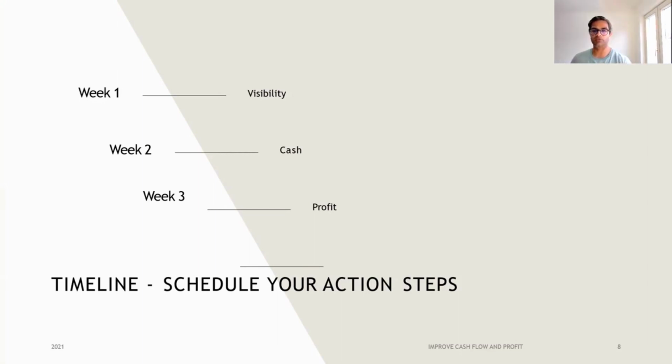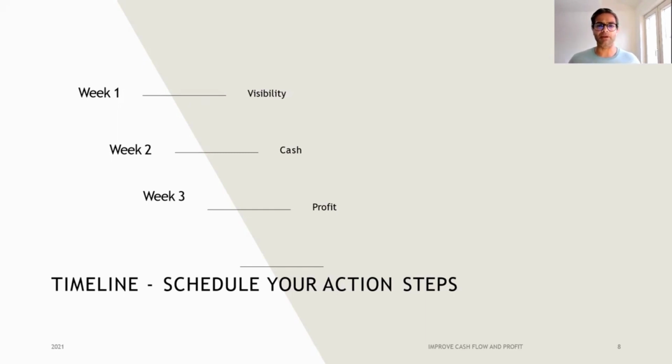Just pick 2 parts of the visibility. What are 2 action steps that will increase your visibility that you wrote down in the previous worksheet? Write that into the blank space there in week 1. Just flip it over to pick any 2. Do the same for cash and do the same for profit.